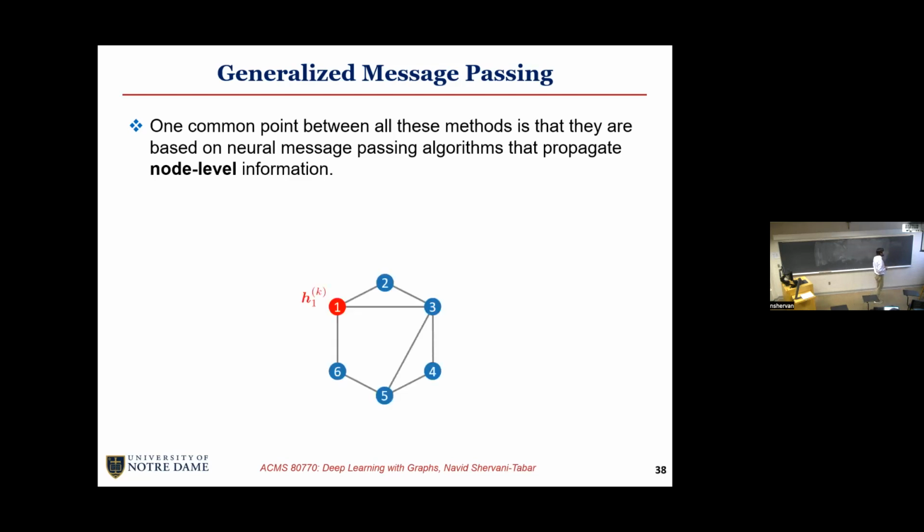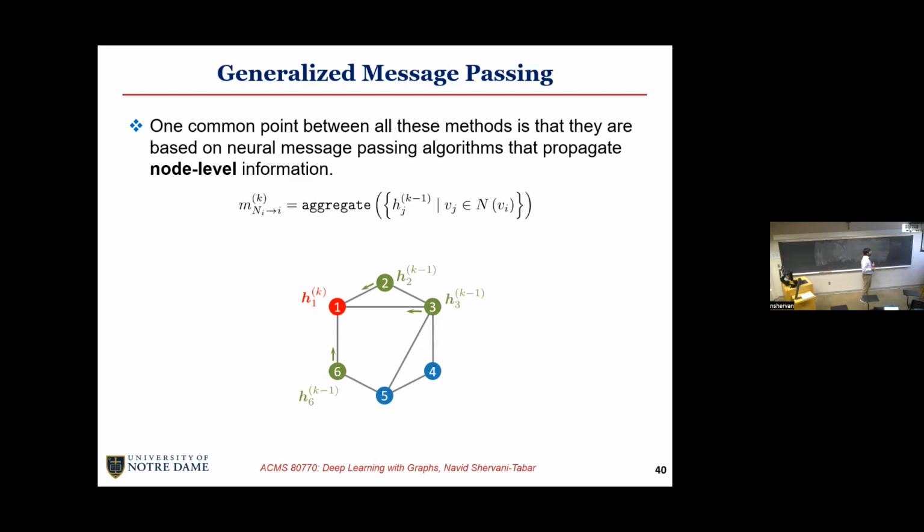So that means that, let's say you're applying some graph neural network layer on this graph. Let's say that we want to update the embedding on this node. In the first step, you're gathering all the information from its neighbors.